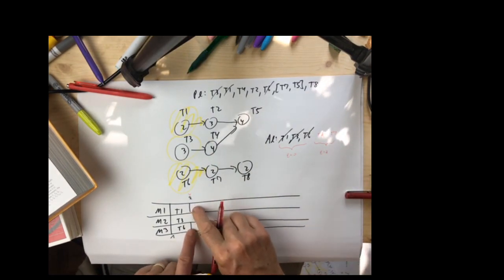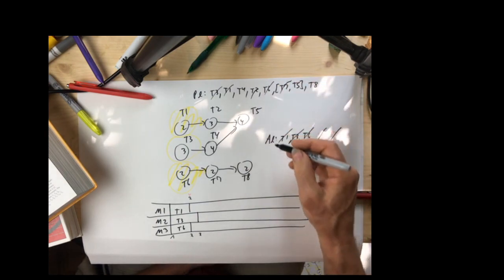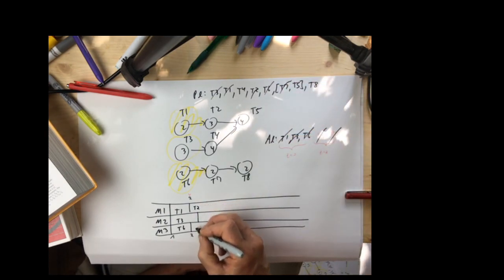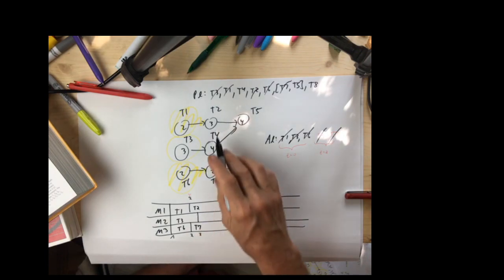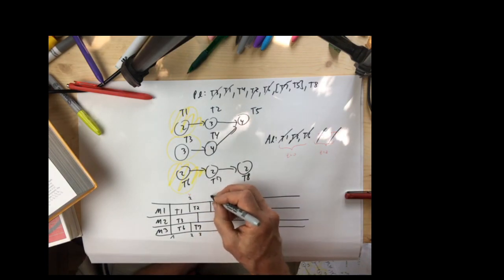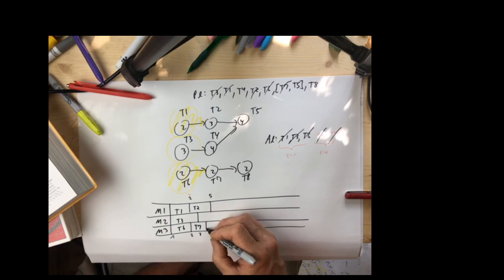And we have 2 people waiting, 2 jobs, no choice. They just get thrown in. T2, T7, T2 there, T7 there. What's their end of times? T2 runs for 3, 2 plus 3 is 5. T7 runs for 2, 2 plus 2 is 4.